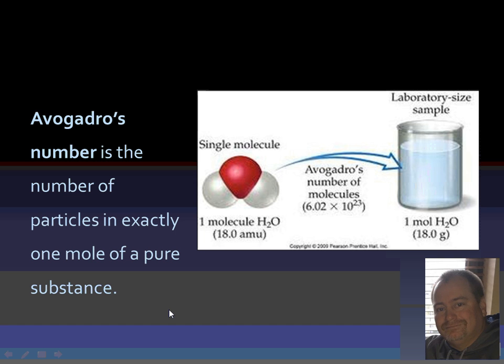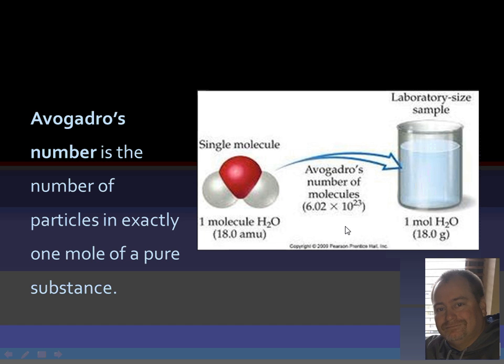Now, on my diagram here, I have that rounded. So one molecule of water has an atomic weight of 18.0 AMUs. How did I get that? I added 2 hydrogens with 1 oxygen from my value on the periodic table. Wasn't too tough, was it? We can add, right?